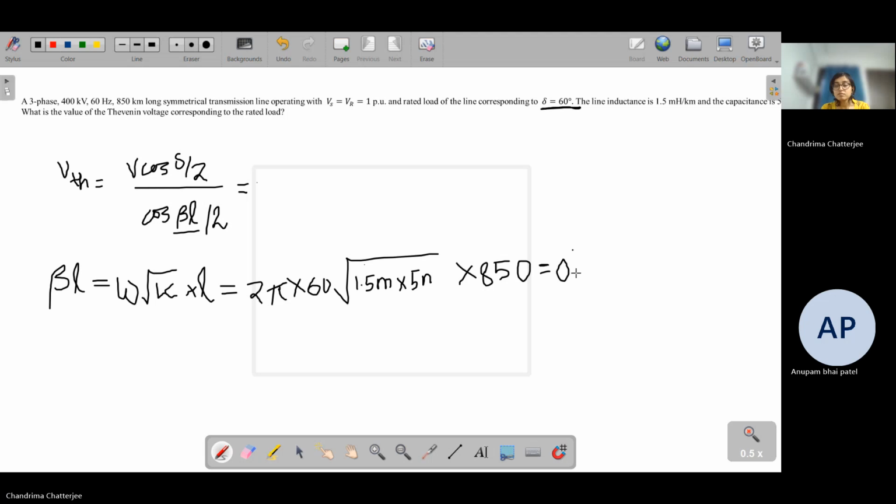The beta L value in radian comes out to be 0.877, and if it is converted to degrees, it is 50.28 degree.